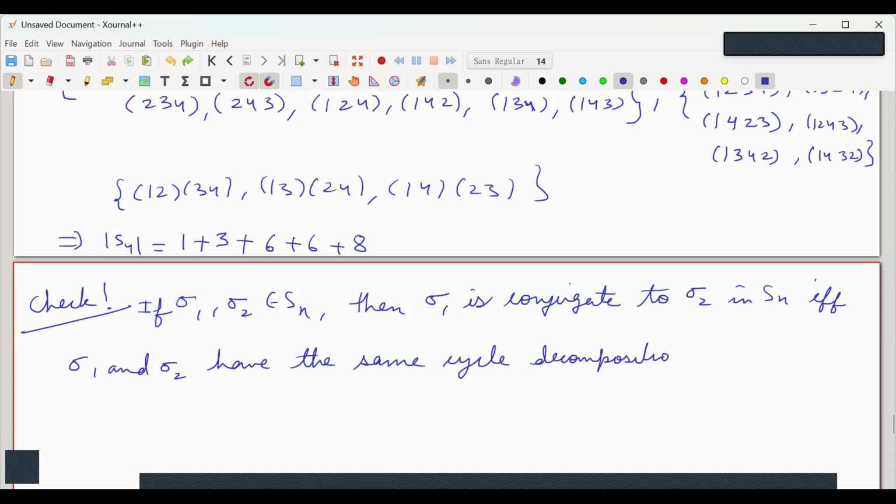And in fact, given sigma 1 and sigma 2, you can also find the conjugating element. So you just check.